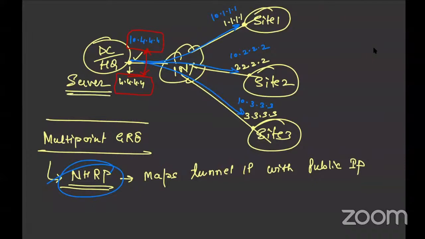This is a hub and spoke type of topology, so you will have the data center as hub and the other sites as your spokes.